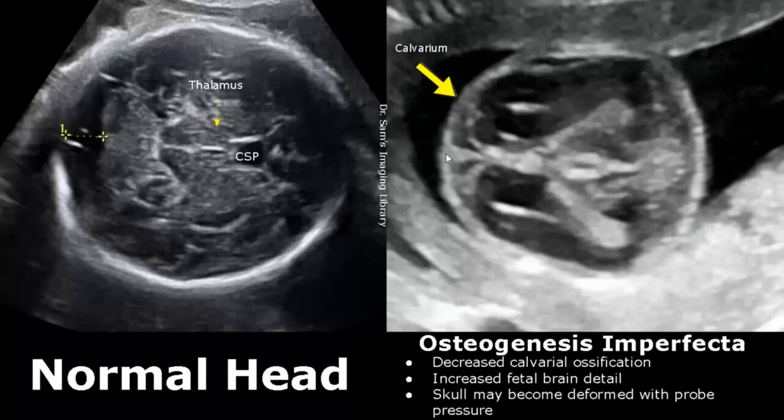The normal calvarium has some posterior shadowing, and we cannot see the brain anatomy in the near field of the image. But in this case, the skull bone is soft, which allows us to see more brain detail, and there is no shadowing. Also, the skull can become deformed with probe pressure.